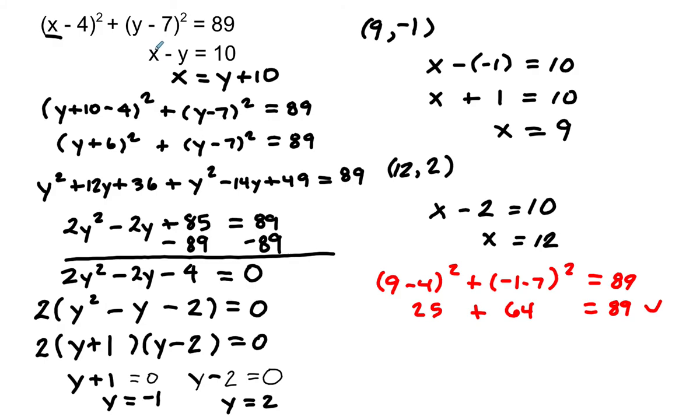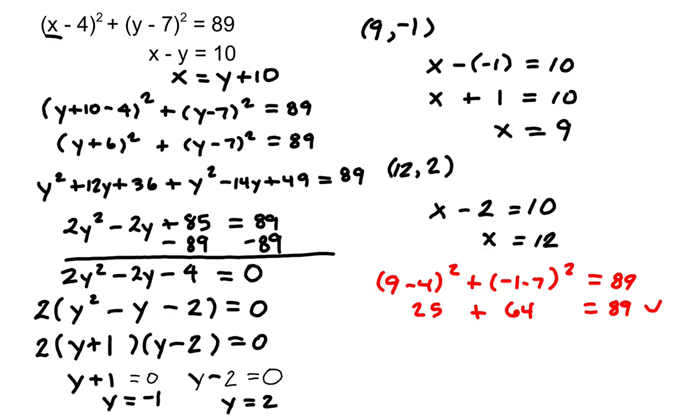Plug it in here. If you do 9 minus negative 1, that should give us 10. So we know that one works. I won't write that one down just for time's sake here. And let's plug in our 12 and 2. Let's plug it into this one here.